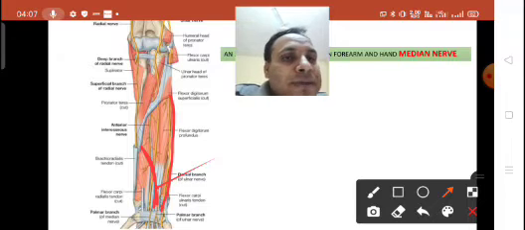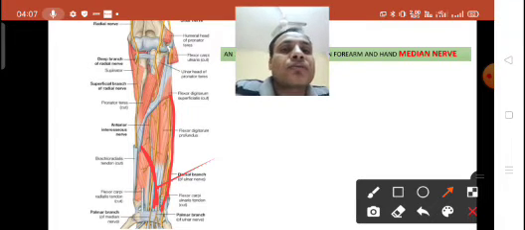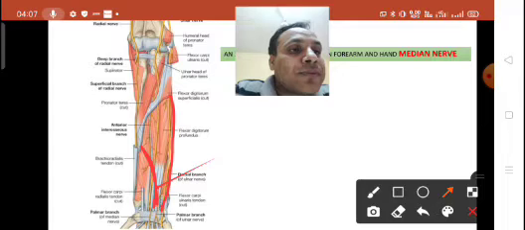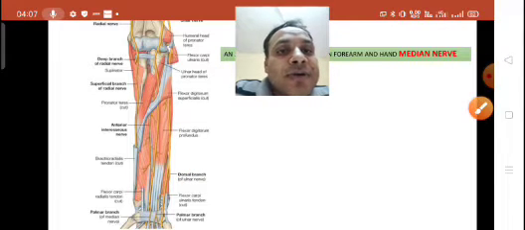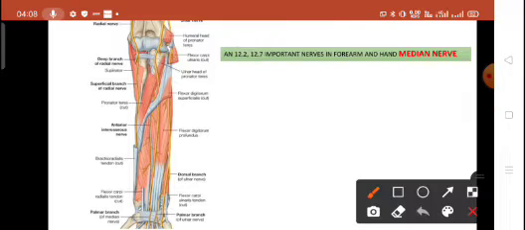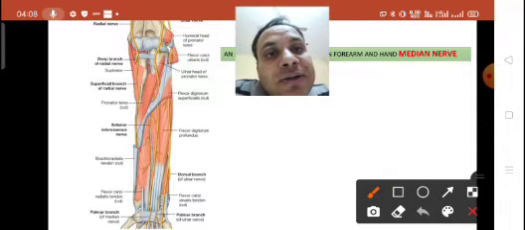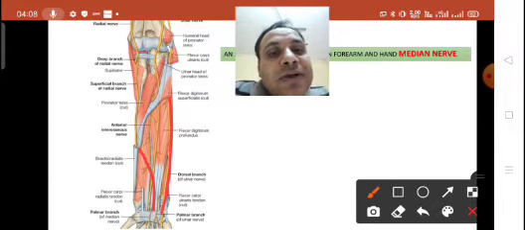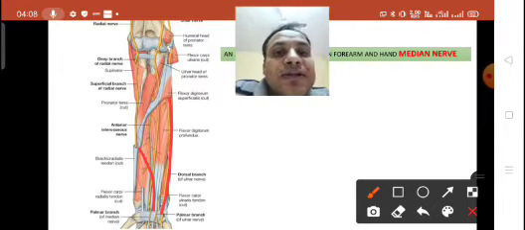And the median nerve lies in the lower part of front of forearm between two tendons, between the tendon of flexor digitorum superficialis and the flexor carpi radialis tendon.